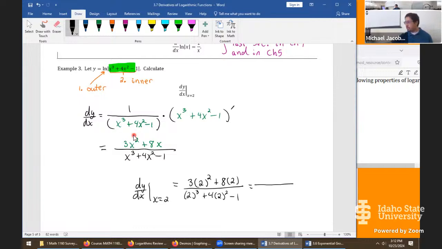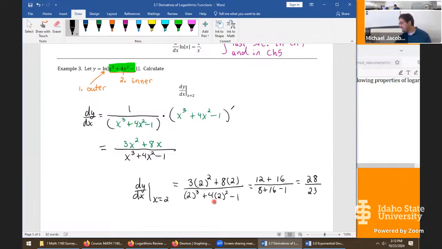So in the numerator, it looks like we have 3 by 4, so that's a 12, plus 8 by 2 for a 16. Down below, it's an 8, plus, this is 4 times 4, so 16, minus 1. So in the numerator, we've got a 28. In the denominator, that looks like 23.